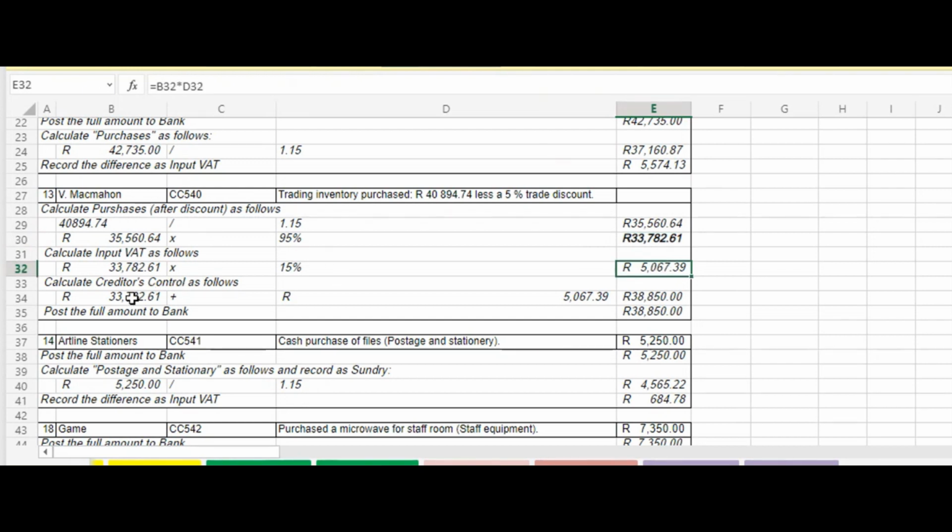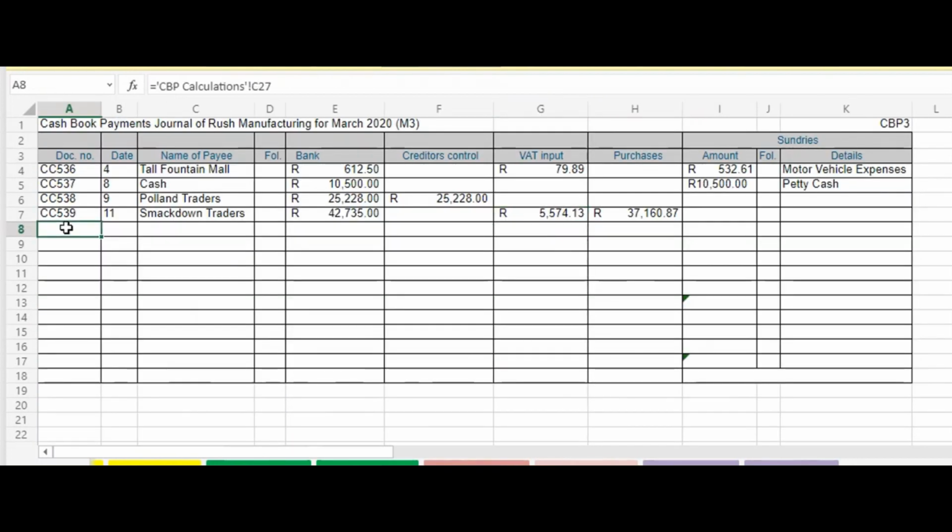And then, of course, the creditors control will be the sum of those two amounts, the 33,780 purchases and the VAT, and that'll give us an amount of 38,850. And then we are going to post the full amount to our bank account. Okay, so let's do that. So what we do is we say here that the document number was given, the date was given, the name of the payee was given.